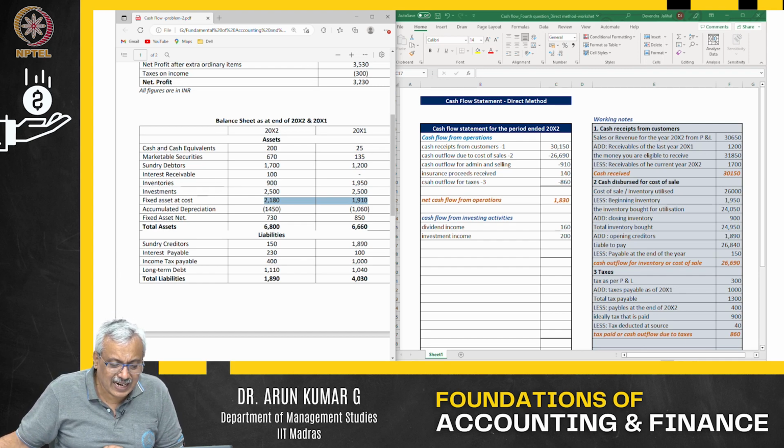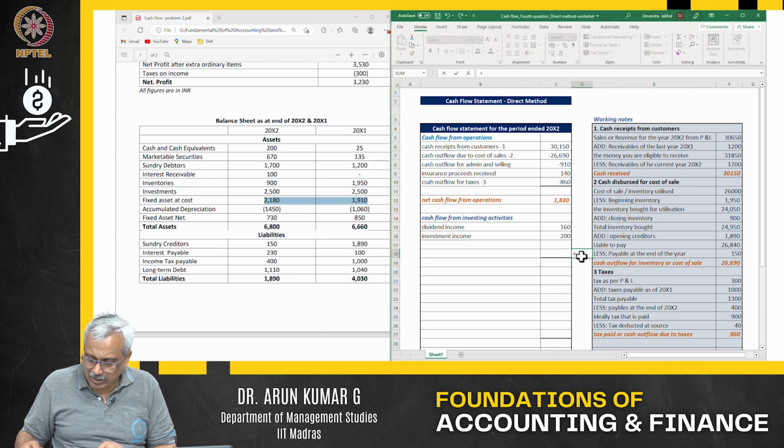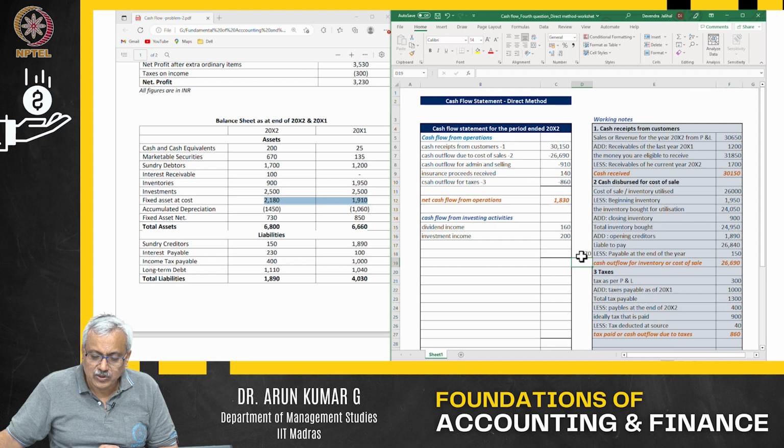It is 1910. What is the fixed asset this year? 2180. That means what is the difference? The difference between 1910 and 2180 is the amount of fixed asset that you would have ideally bought.